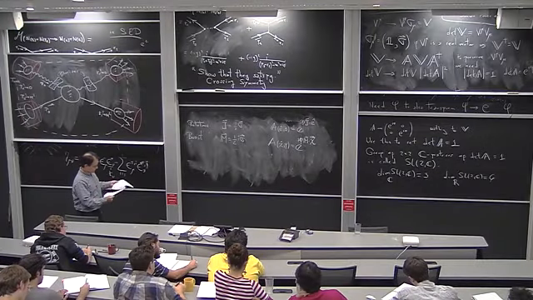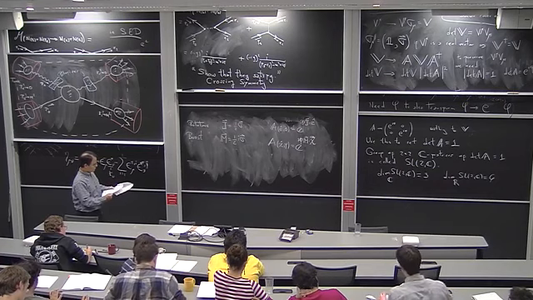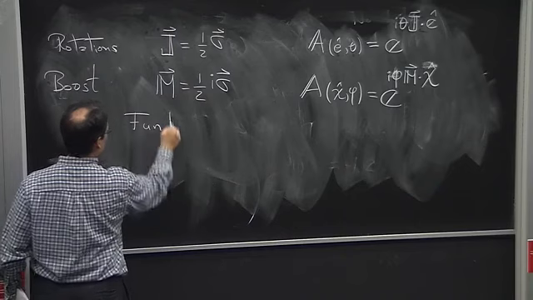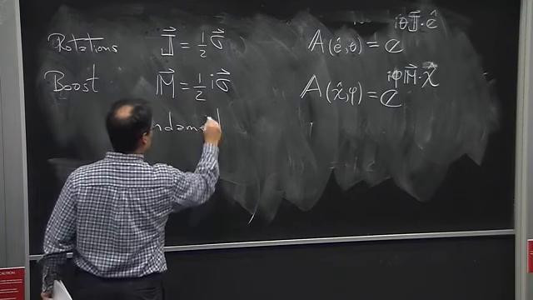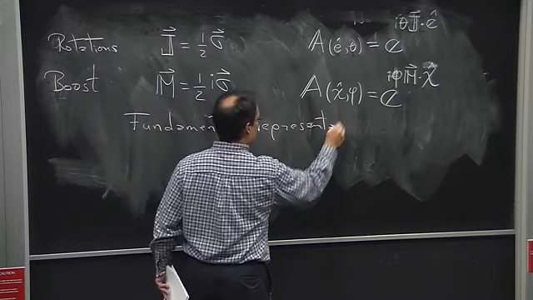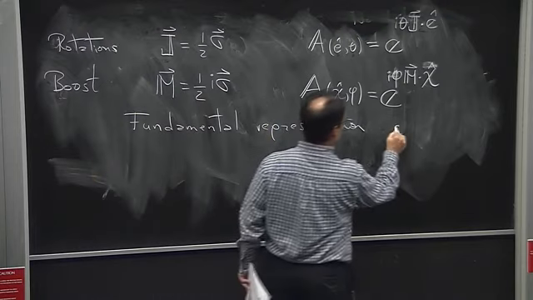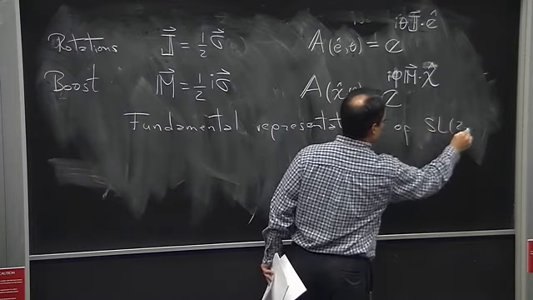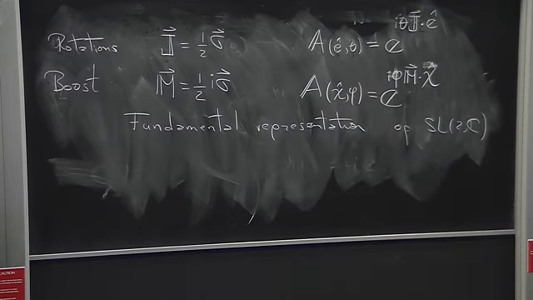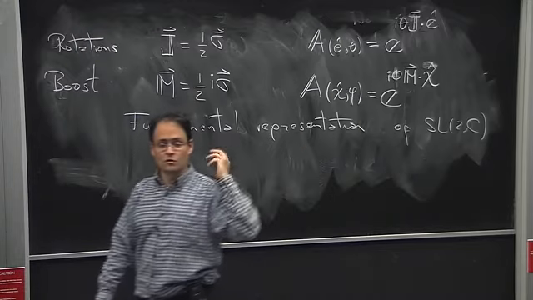Let's see, is there anything else that I want you to review? Well, just let me tell you that this is called the fundamental representation of SL2C. It's a representation because it allows you to study the group as being represented as 2 by 2 matrices.